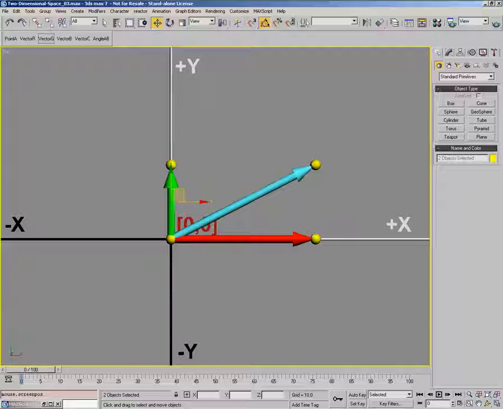The same can be said about the y-coordinate. It's another vector, a one-dimensional vector in the space of the y-axis with length equal to the y component of our point2 value.